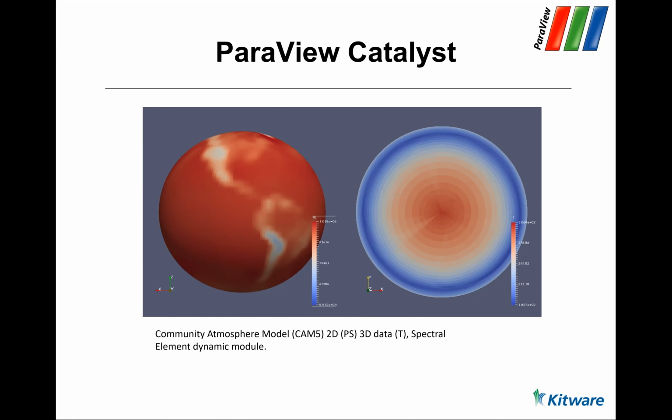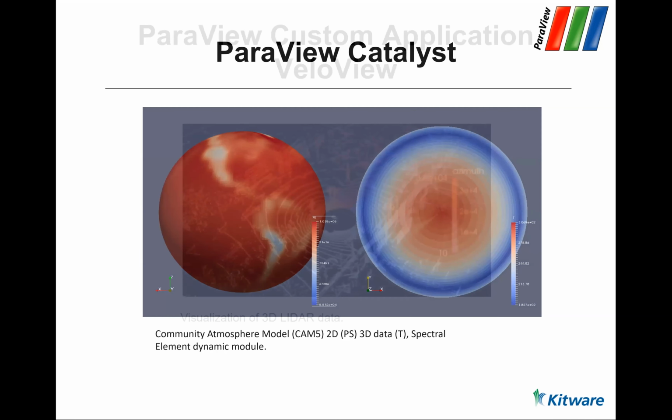So this is called in situ processing. You don't save any data, and because of that, you potentially process higher resolution data, and you could derive insights that otherwise are not available because it takes too long to save your data from the simulation.